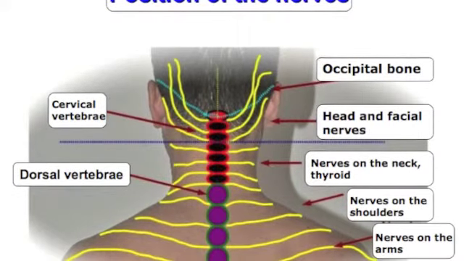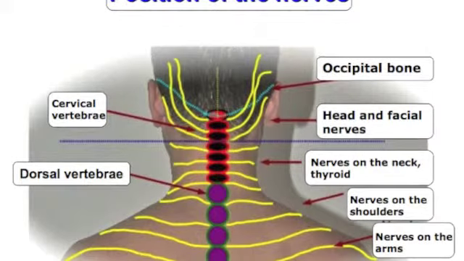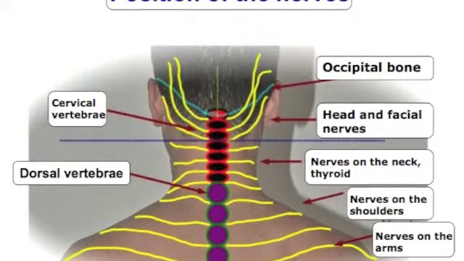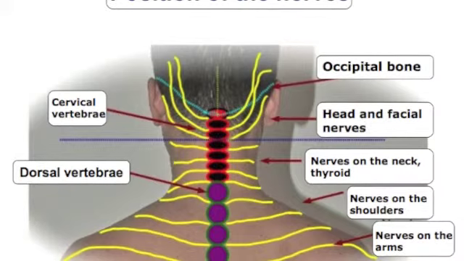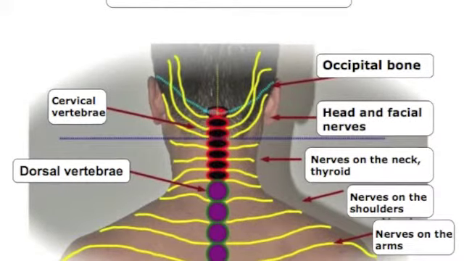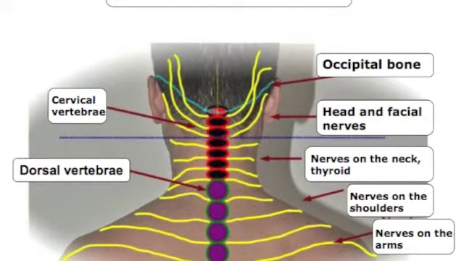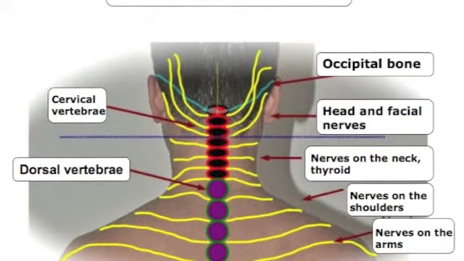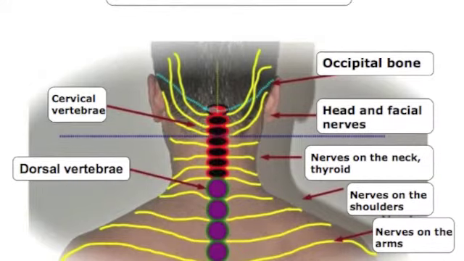Then I also drew the first dorsal vertebrae, where we find the nerve supply to the shoulders and then to the arms.